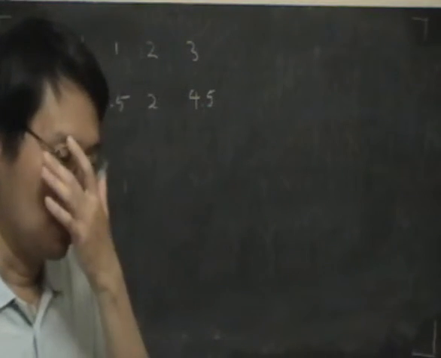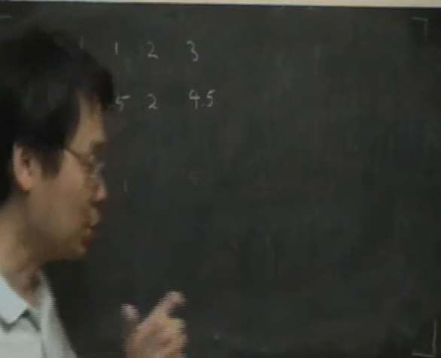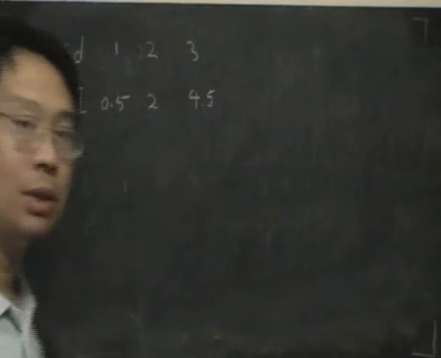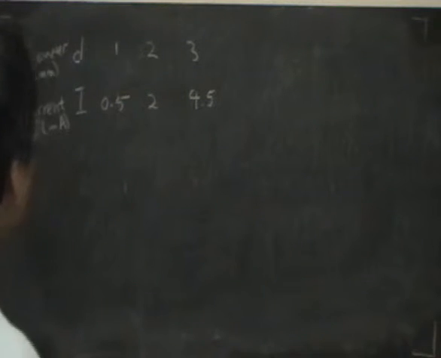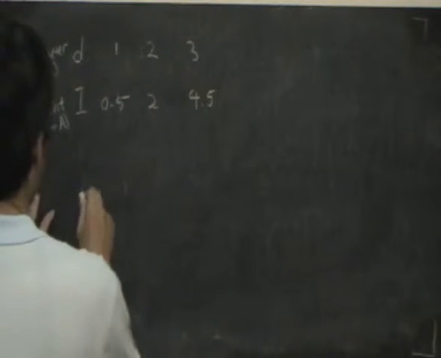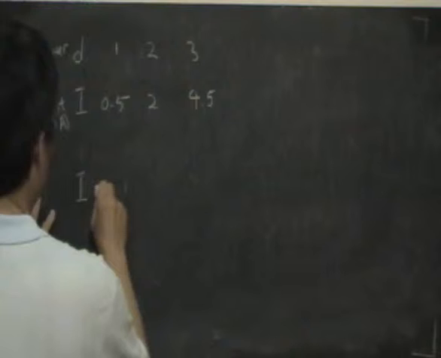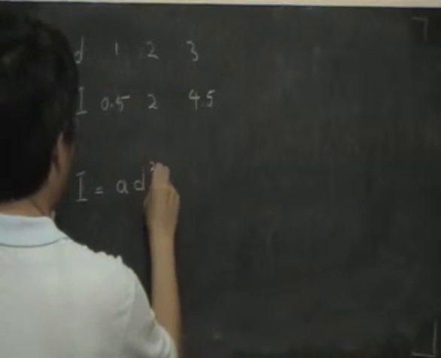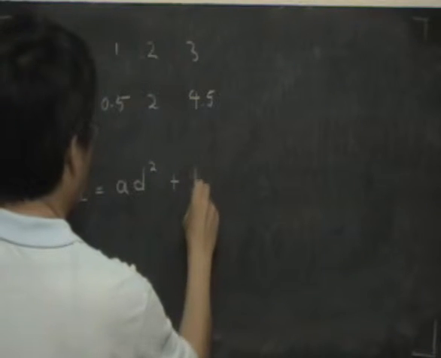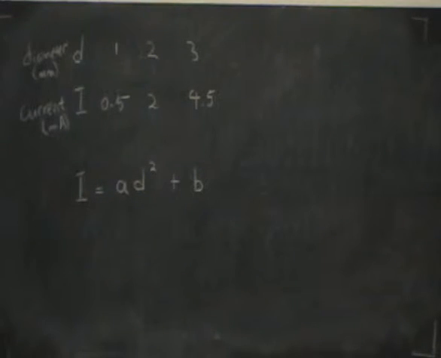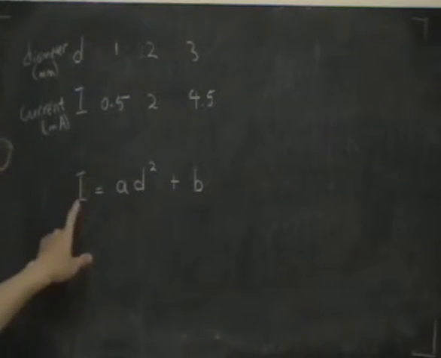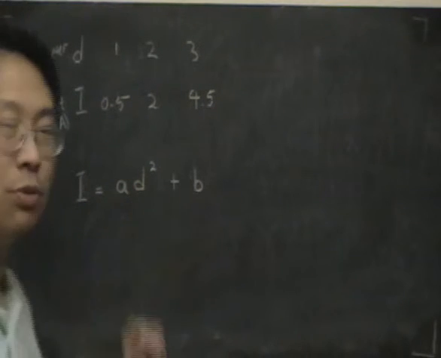So suppose I tell you that actually these two numbers are related by a formula that looks like this. I is equal to A D squared plus B. So that looks a little complicated because we have 4 symbols.